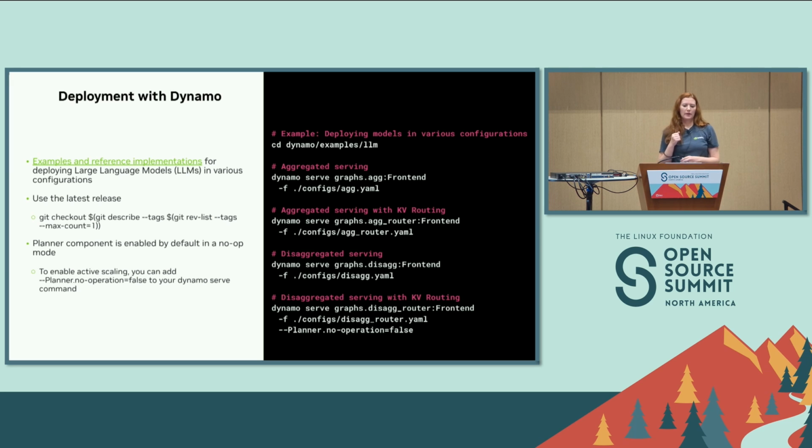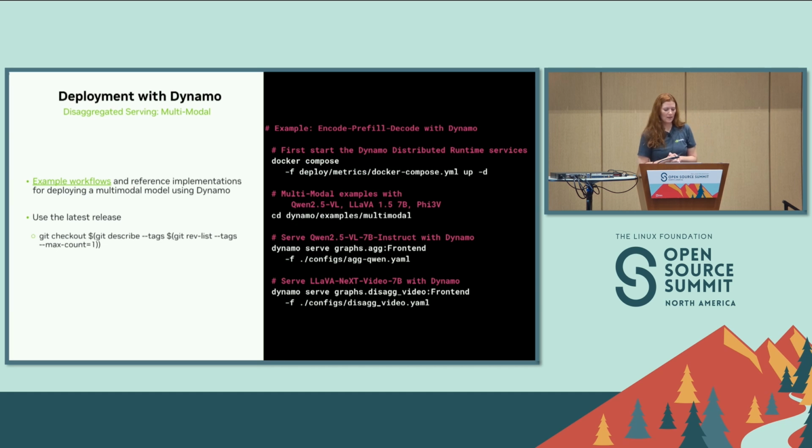We do recommend using the latest release simply because there is very active development happening. Main branch may not be stable. At some points it breaks, and we try to fix it as soon as we see it. However, for the best user experience, we do recommend you use the latest release. I provide the git checkout command for the ease of the tryout.